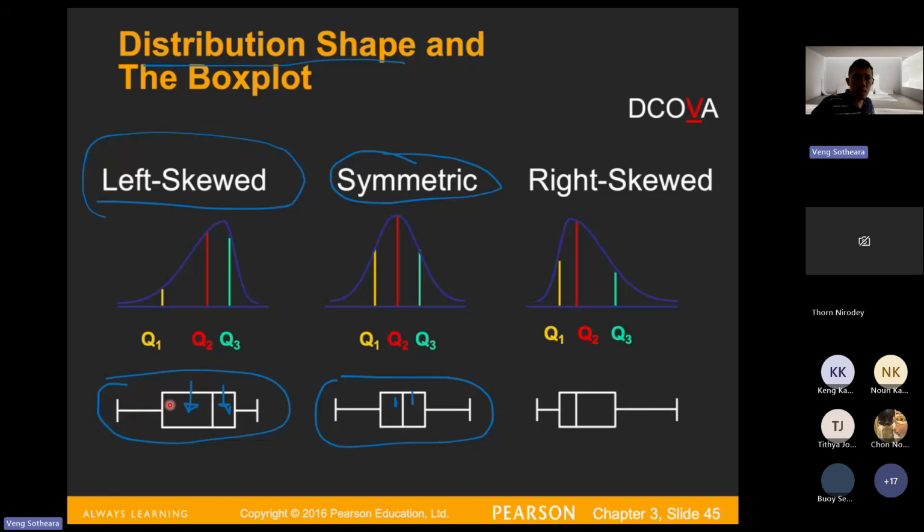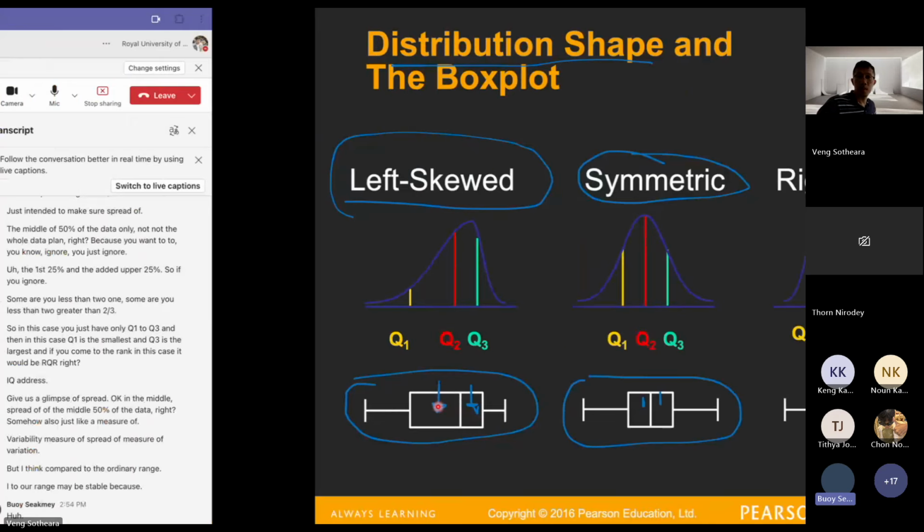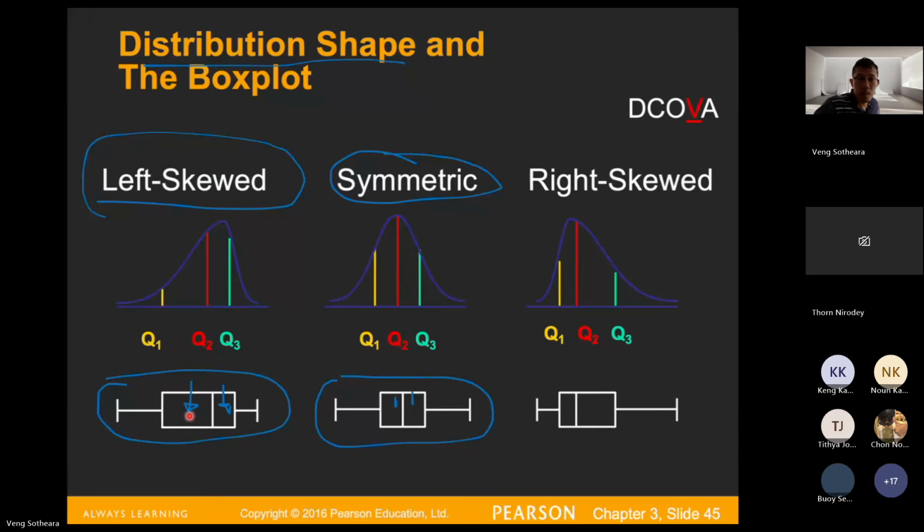This room is between Q1 and Q2, right? So how much of the data set is in this room? Around 35%. No. Please use the definition of Q1 and Q2. So how much of the data set falls between Q1 and Q2?